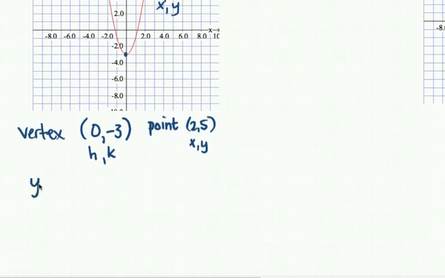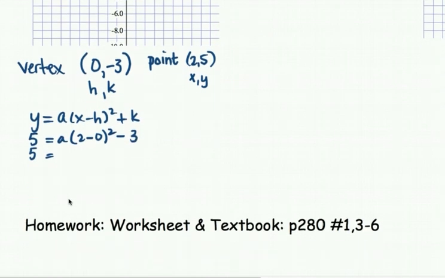So we can build our equation algebraically here by plugging everything in that we know and finding the letter A that we don't know. Okay, so y is 5, A we don't know, x is 2, subtract h is 0, and k is subtract 3. All right, so go through and solve that.